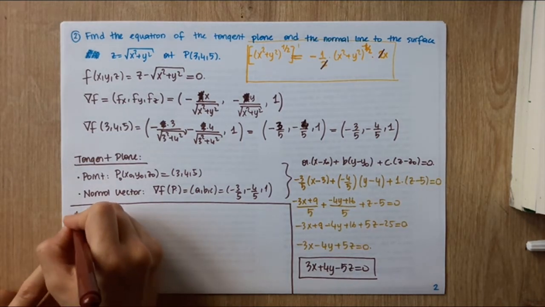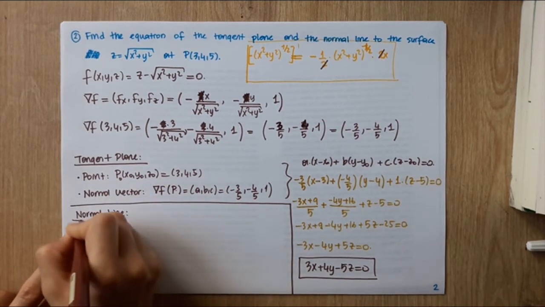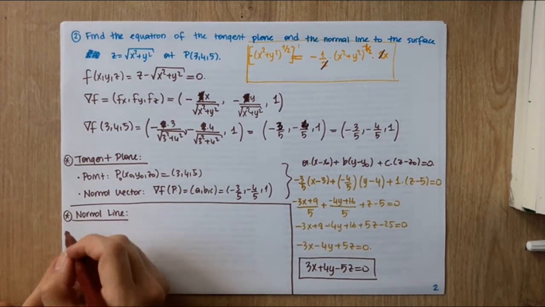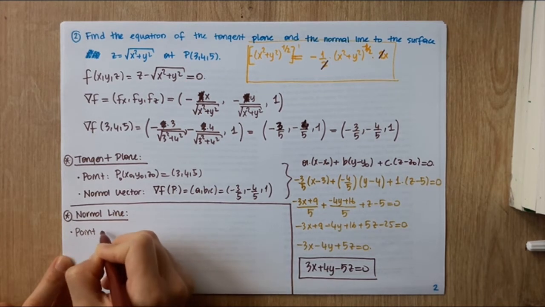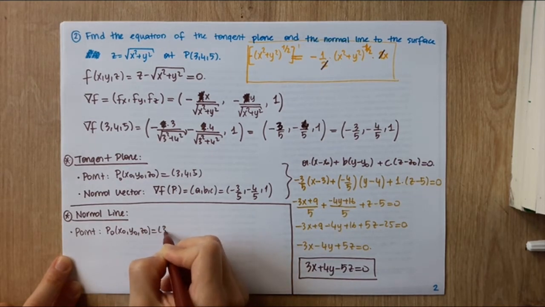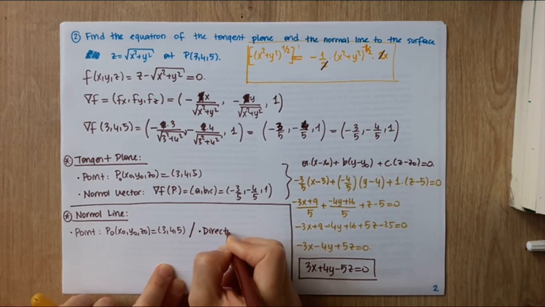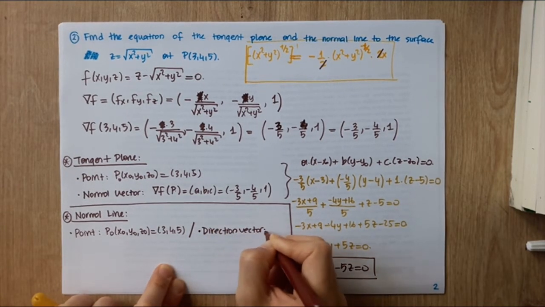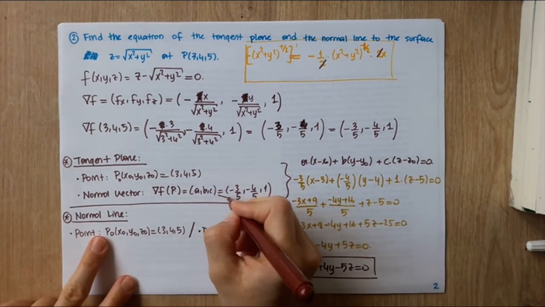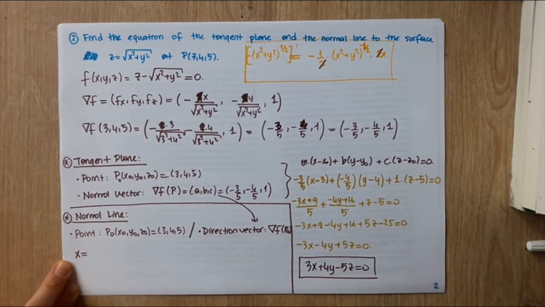So it's time to find the normal line equation. Again, I need a point here, and we know what the point is. The point is P0, x0, y0, z0, given as 3, 4, 5, and the direction vector is the gradient of f evaluated at P0, which is this one. So again, I can write the equation using the formula.